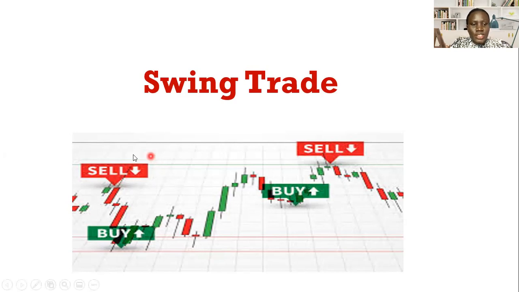So you borrow the shares, and you sell them, maybe at $100. When the price goes down, you buy them back at $80. Now you can give back the shares, but the difference between the price that you sold them and the one that you bought them back is your profit.